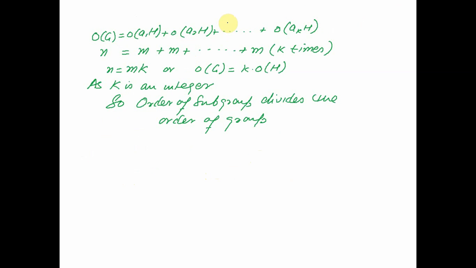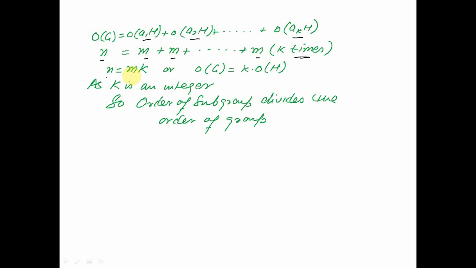So order of G is equal to order of A1H plus order of A2H up to order of AKH. None of the elements here is common. So order of group was N. I can write M plus M up to M, K number of times.